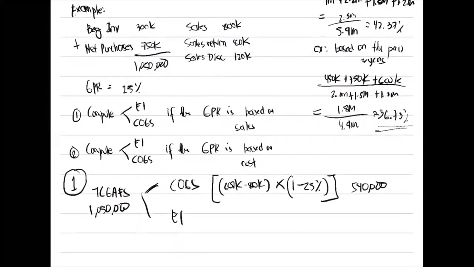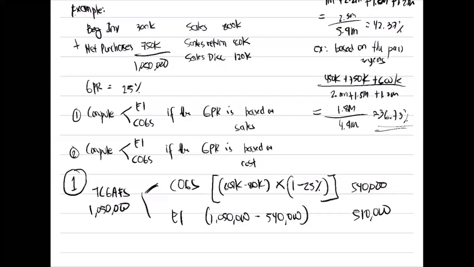Now our ending inventory therefore is 1,050,000 less 540,000. We have 510,000. Okay? So, madali lang, di ba?